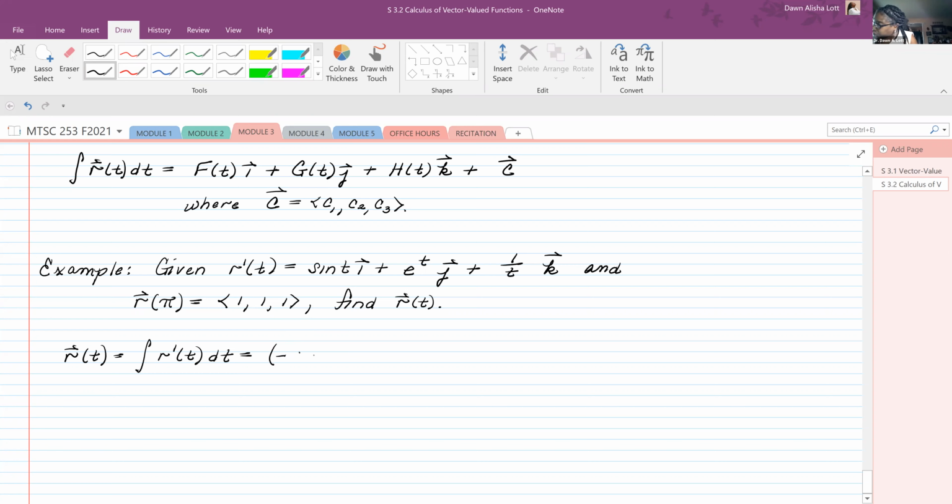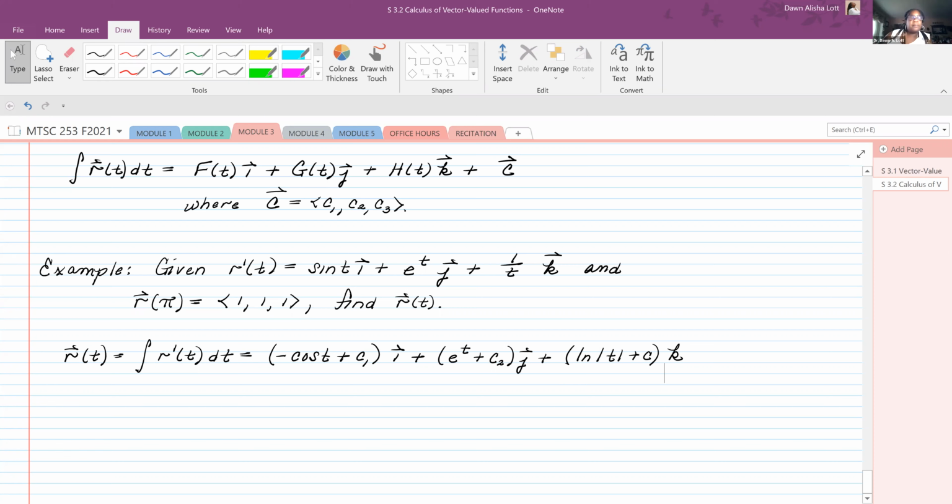So I'm going to get minus the cosine of t plus the constant C1 i plus e to the t plus a constant C2 j plus the natural log of the absolute value of t plus a constant C3 k.